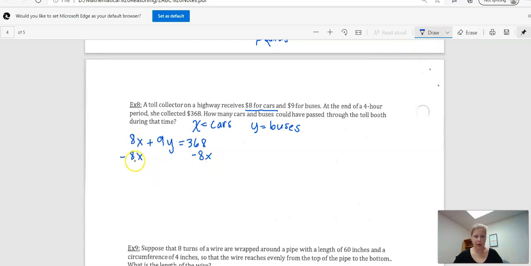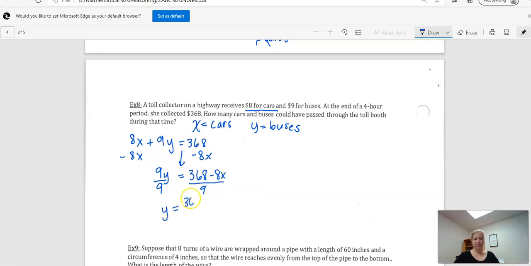Okay, so this is going to cancel out. I'm going to have 9y is equal to 368 minus 8x. I'm going to divide by 9 because I'm trying to get y by itself, so I'm dividing everything by 9.